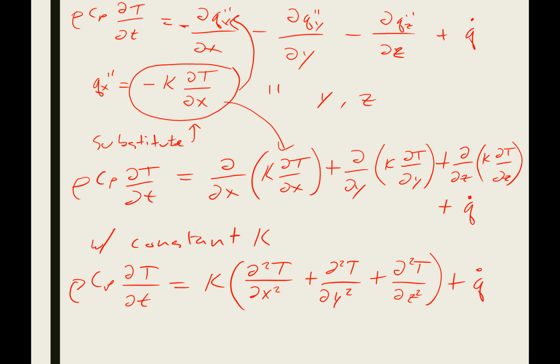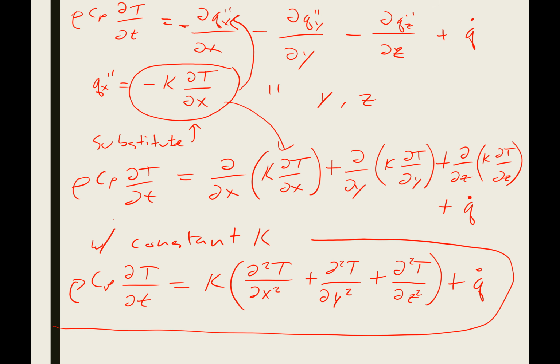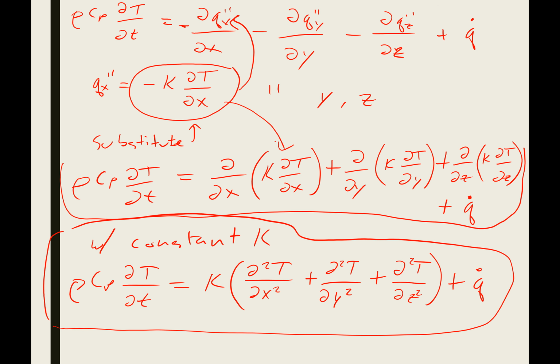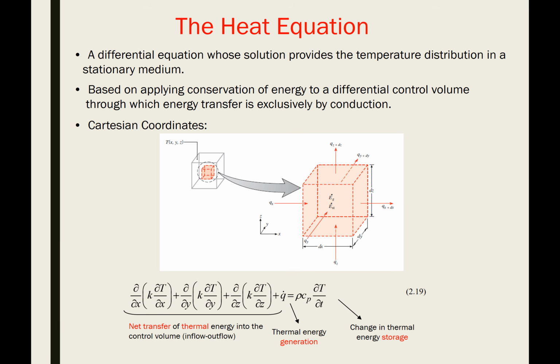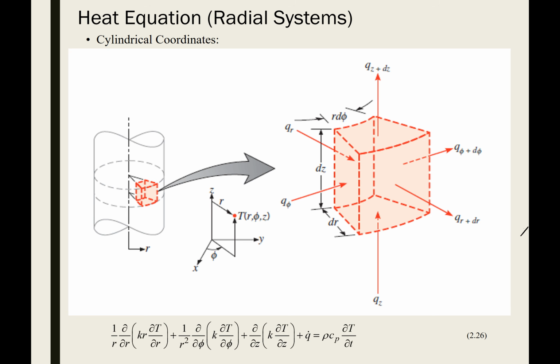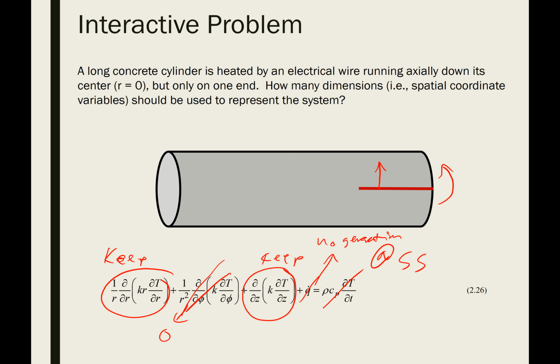So we end up with this heat equation. This is the form only when you have constant thermal conductivity, and the form above is when you may not have constant thermal conductivity, where it varies as a function of temperature, distance, or direction.